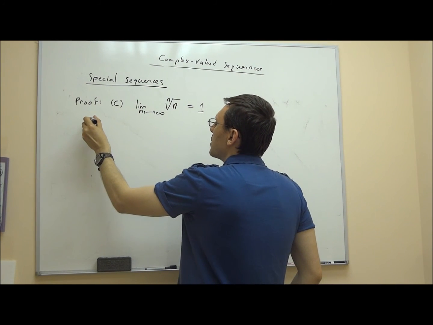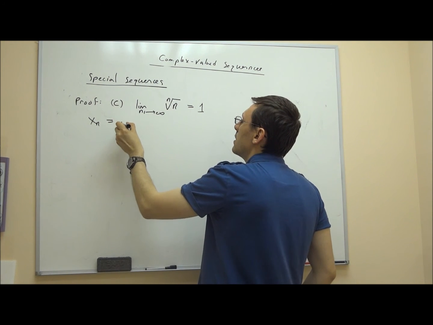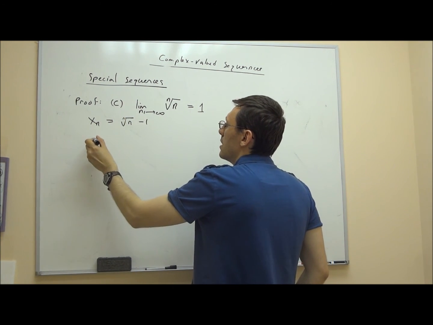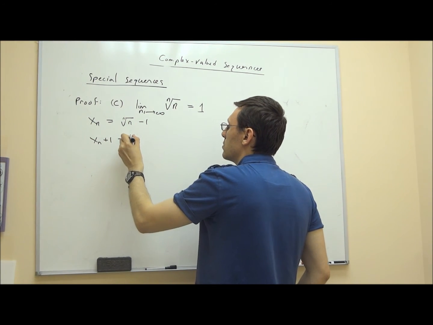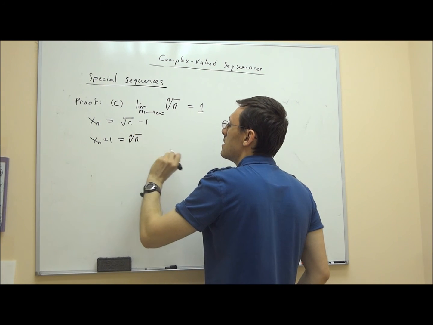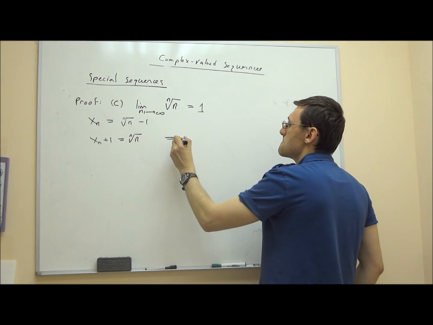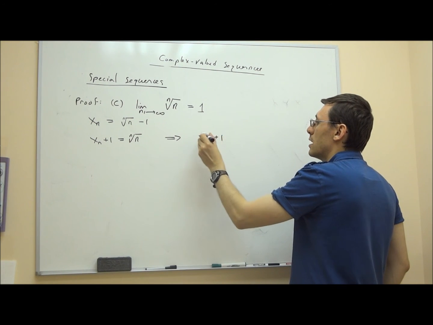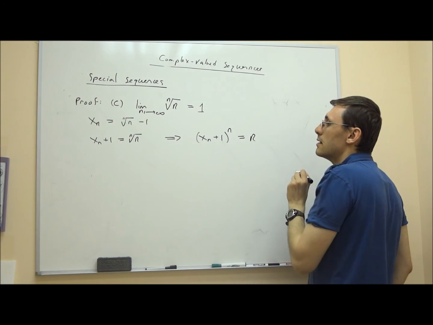Well, again we can define the sequence xn to be the nth root of n minus 1, which makes xn plus 1 equal to the nth root of n, which makes xn plus 1 to the power n equal to n.